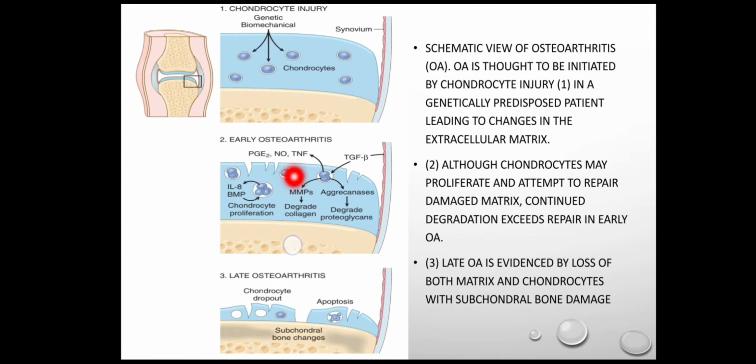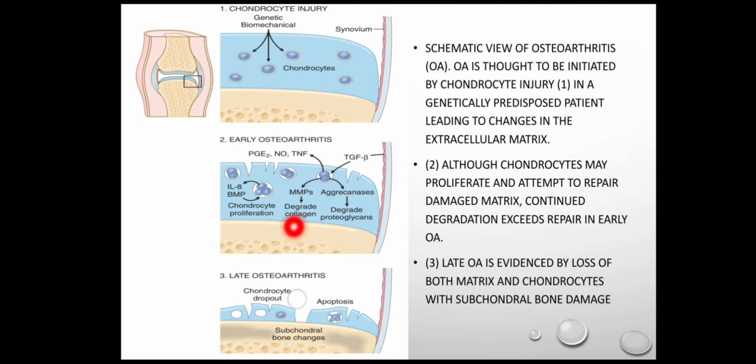They also secrete prostaglandins, nitric oxide and tumor necrosis factor, which will again recruit inflammatory cells towards the site of injury. They also secrete, the degradation part is here, matrix metalloproteinases which will degrade collagen and also degrade proteoglycans.